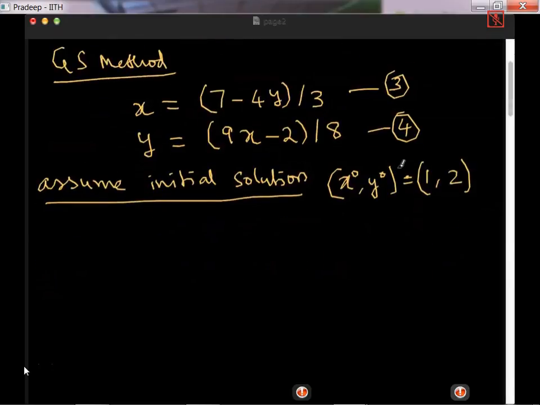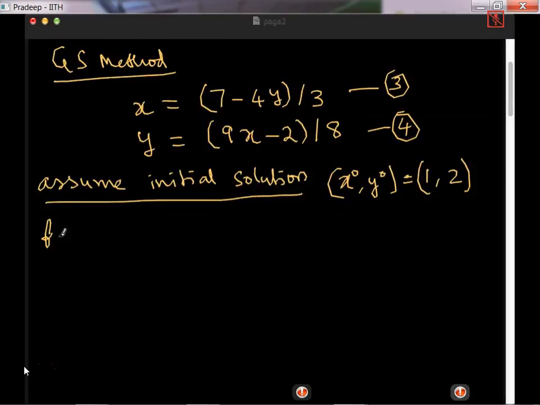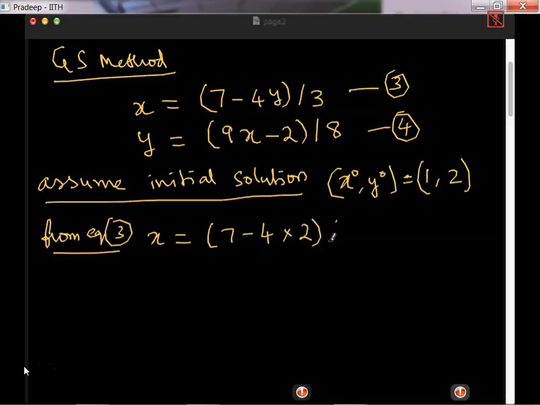So from equation 3, x equal to 7 minus 4 into, what is the value of y here? 2, divided by 3. Let me just quickly calculate. 7 minus 4 divided by 3.